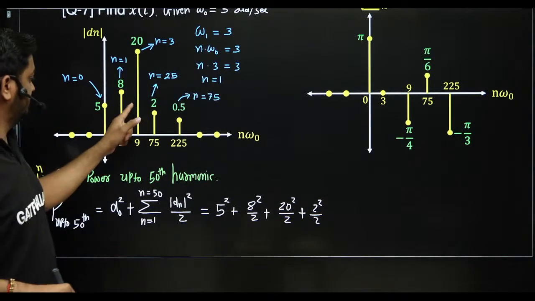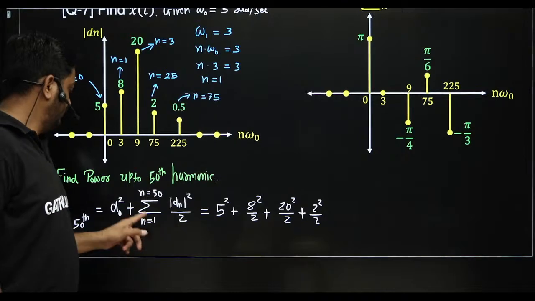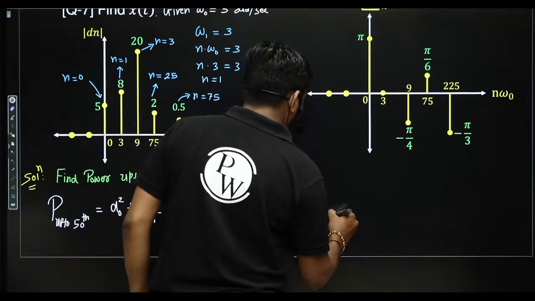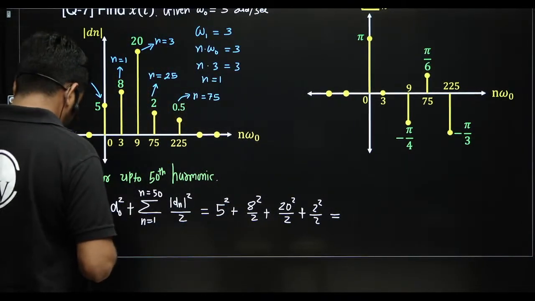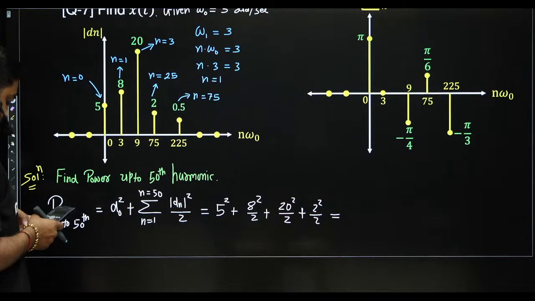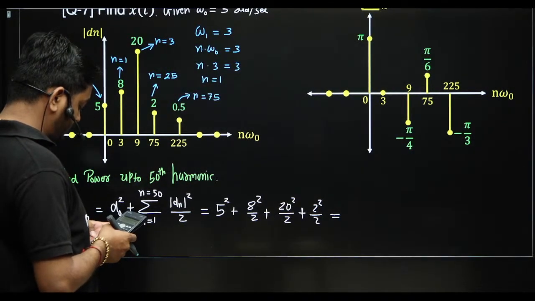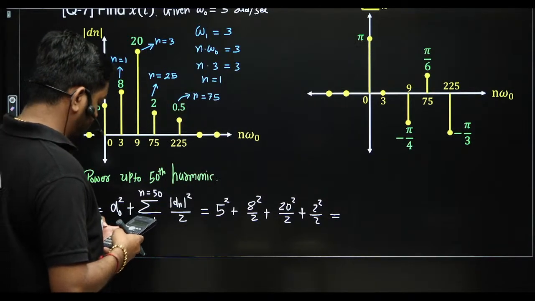This and this all are to be considered, because here n equal to 75 up to 50th harmonic, up till here guys. So it will be 25 plus 32 plus 200 plus 2 guys.